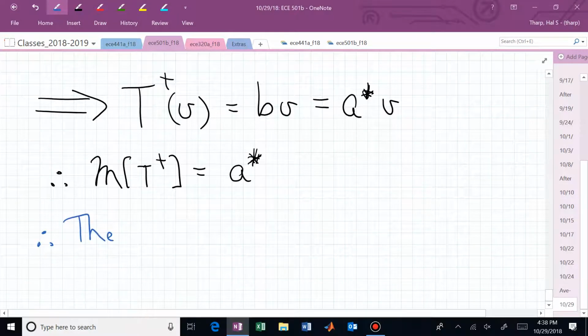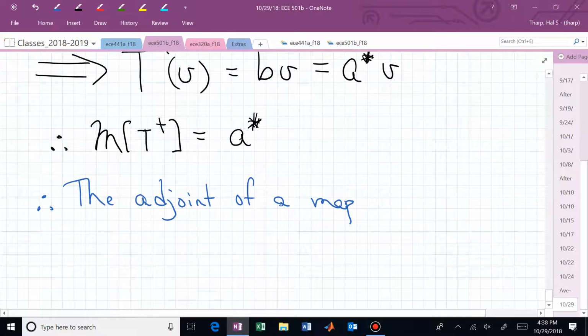Therefore, the adjoint of a map, this was a very basic example, but now I'm wanting us to maybe generalize or think about what that might generalize to be.